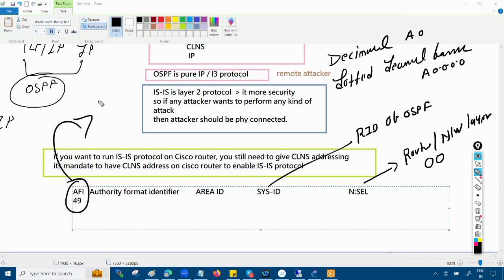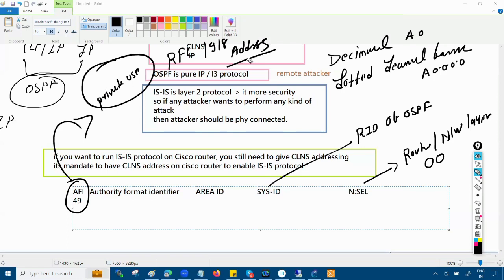This AFI is reserved for private use, same like your RFC 1918 addresses. We have the concept of public addresses and private addresses, right? Same like that, AFI 49 is only used for the private use case.